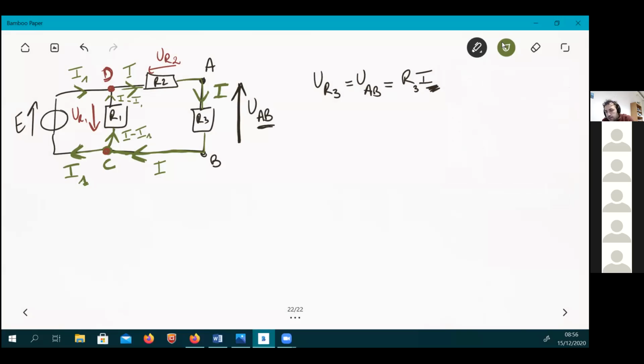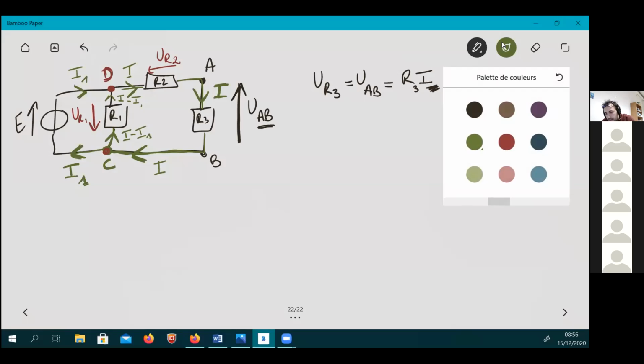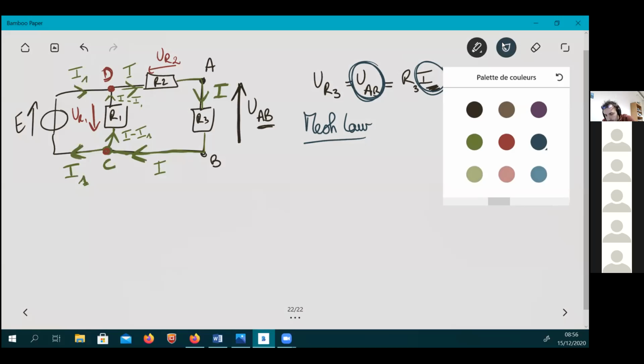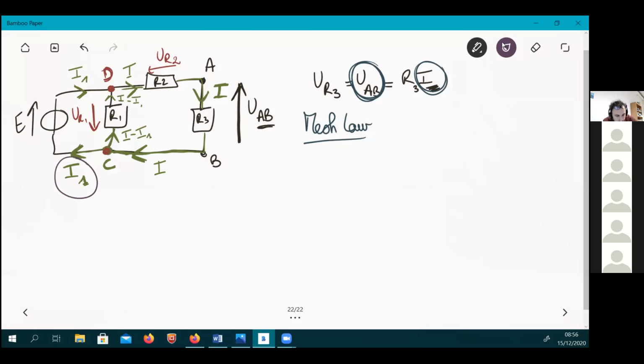So now your last option is to use mesh law. What you're looking at is UAB. UAB is a function of the current, which is an unknown. So you have one unknown here as a current. The only other unknown you have introduced is the other current I1. So the two unknowns are I and I1. So you need two equations.